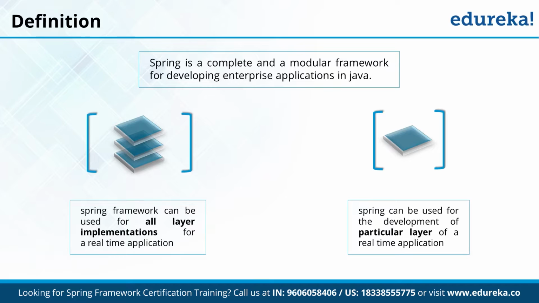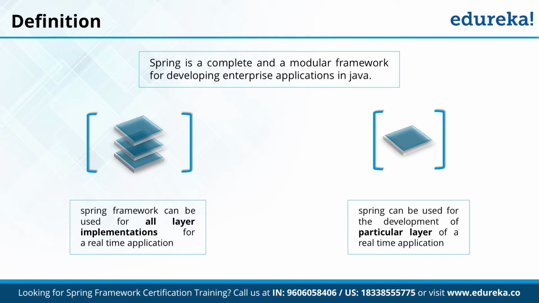Whenever we are writing applications for enterprises, let's take an example: Amazon is an enterprise, Google is an enterprise. When we are supposed to solve the problems associated with enterprises, we use the Spring framework. Spring framework can be used for all the layer implementations of a real-time application.